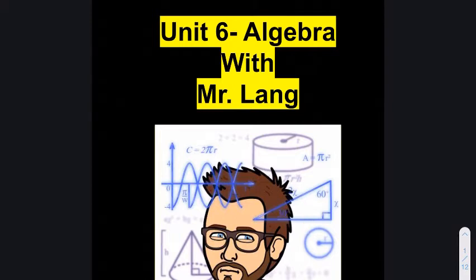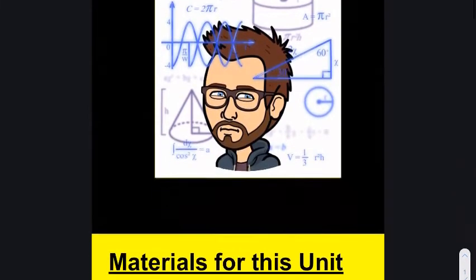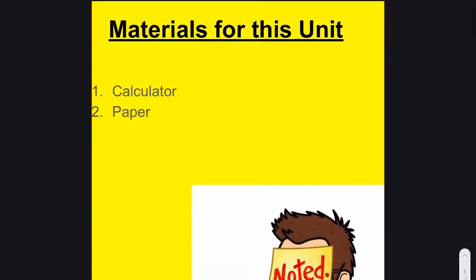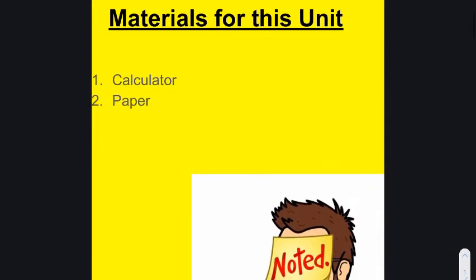So hopefully that look of confusion will be gone as we start our lesson. Some material that you're going to need for this unit are these things here. You're going to need a calculator and paper, and also probably a device to use to watch this video and look at the slideshows.